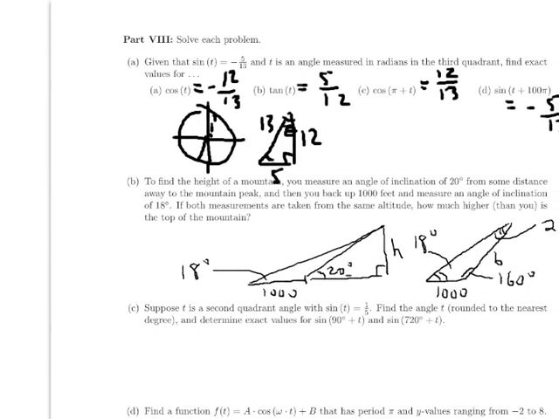What I know, if I give myself a little bit of room over here, is that the sine of 2 degrees divided by the length of its opposite side, which is 1,000 feet, is the same thing as the sine of 18 degrees divided by b.